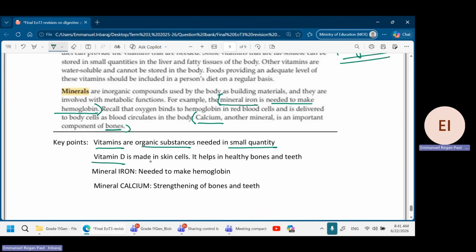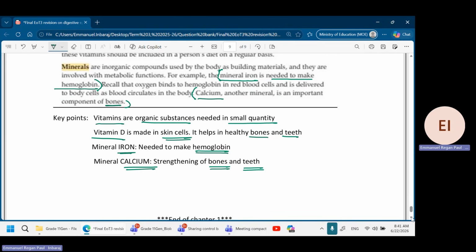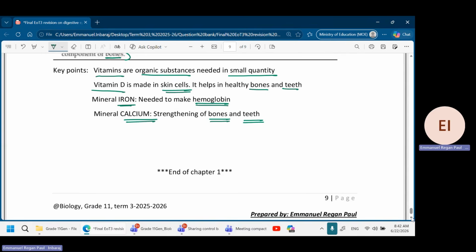Vitamin D is made in the skin cells. It helps in bones and teeth also. Iron is needed to make hemoglobin, and calcium is needed for healthy bones and teeth. These are the questions that you need to study from this chapter.